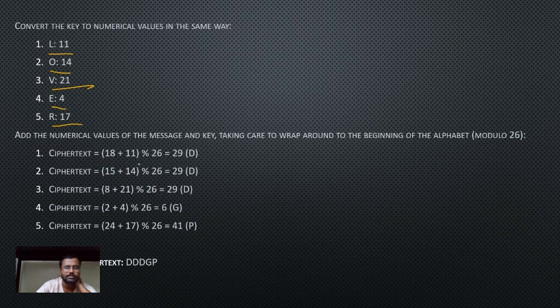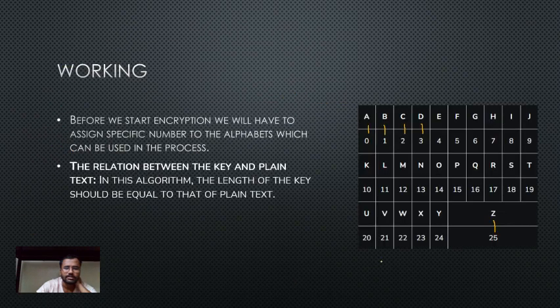Doing the modulus, we can take values only up to 25. After 25 we calculate from the start, so 26 is A, 27 is B, and 28 is C. We got the value 29, so we consider D.